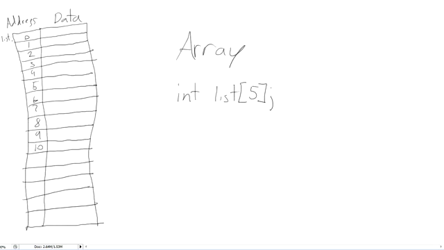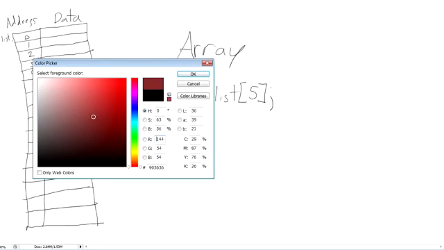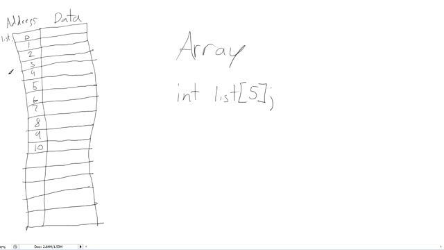So this is list, and if I go down here, give me some red. Now this one's 5 memory spaces, so we'll get 1, 2, 3, 4, 5, from 0 to 4. And we'll do that. All right, so this is all list. Okay. Now here's where it gets interesting.